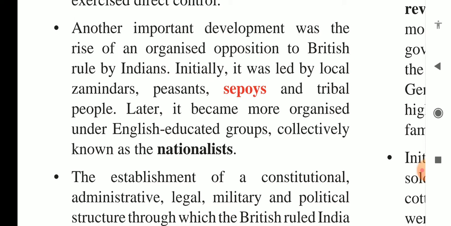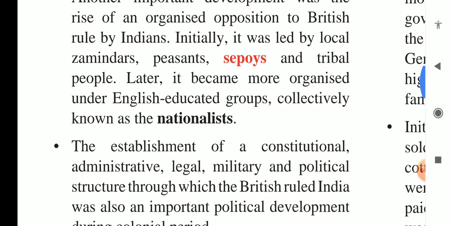Then peasants, sepoys. Sepoy is a word derived from Hindi. Sepoy means soldiers. And tribal people. So initially the opposition was from these four categories: zamindars, peasants, sepoys and tribal people. It means all the categories were ordinary except zamindars.